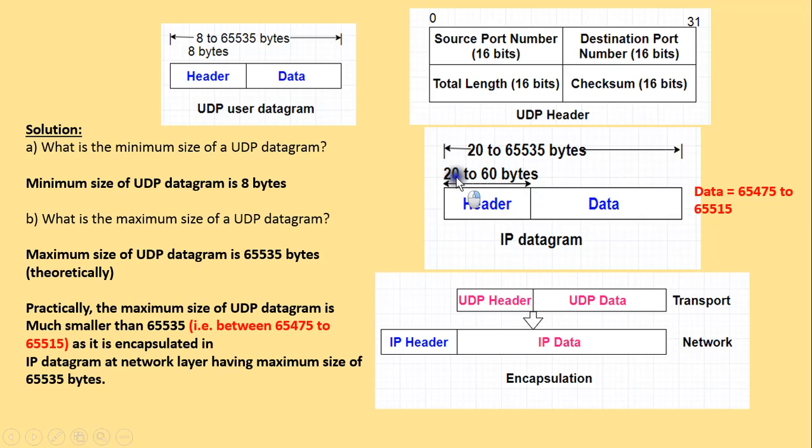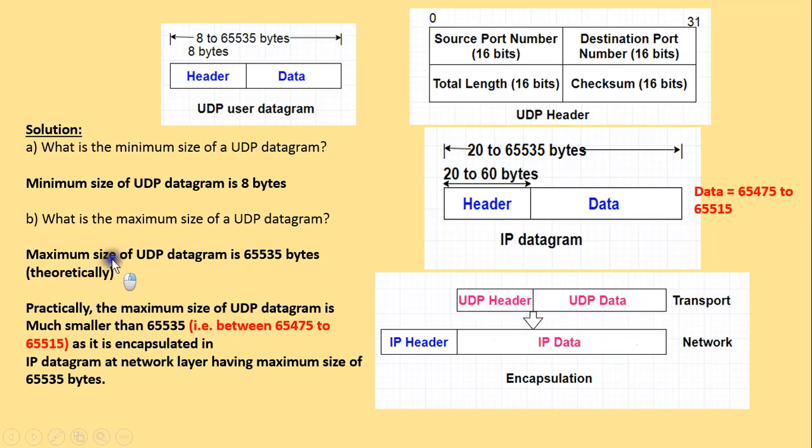If the header size of IPv4 is 20 bytes, then the data length can be 65515 bytes, and if the header length of IPv4 is 60 bytes, then the data length can be 65475 bytes. So the range of data can be from 65475 bytes to 65515 bytes, and this is the limitation for the UDP datagram length, because this UDP datagram is encapsulated in the data part of IP datagram at the network layer.